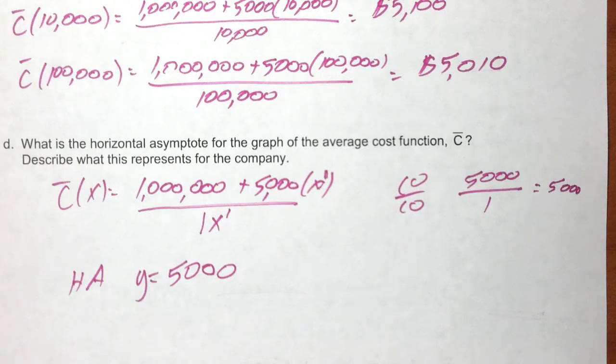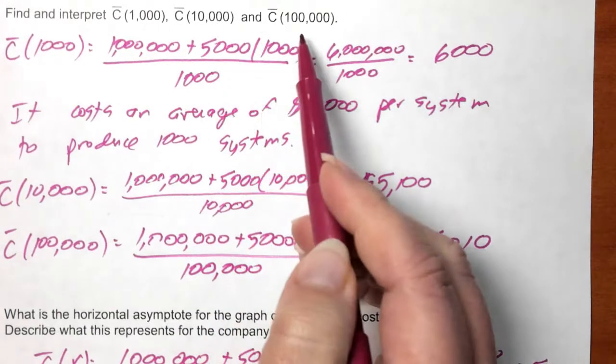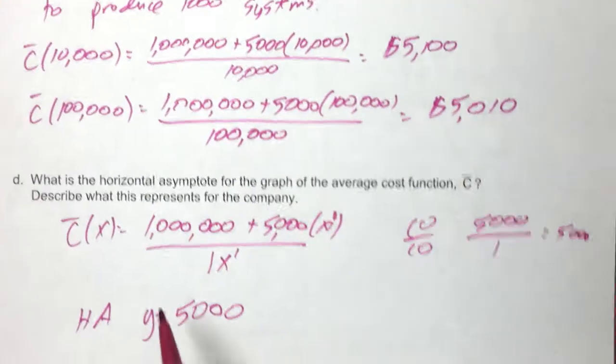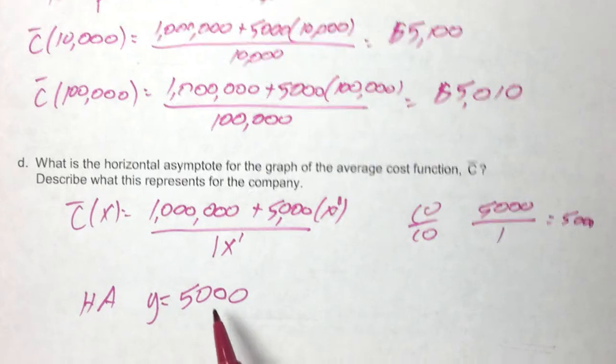Well, what does that have to do with our average cost function? That means if you built more and more and more systems, you went from 1,000 to 10,000 to 100,000 to 1 million to 1 billion to 1 trillion, the average cost would approach 5,000.